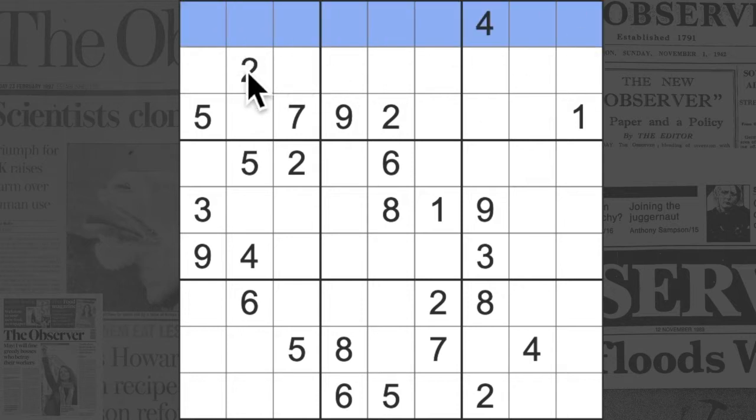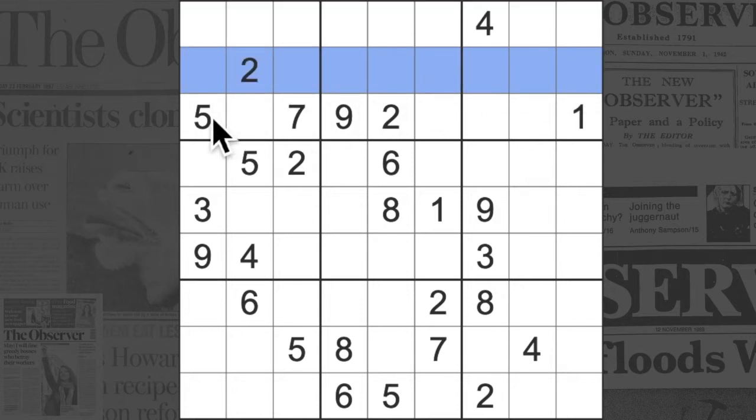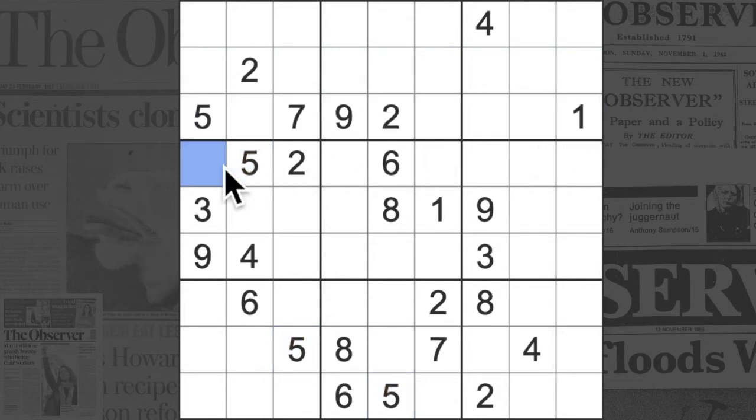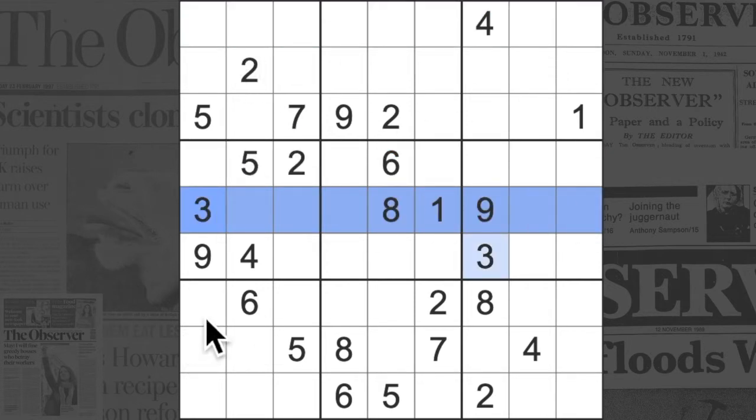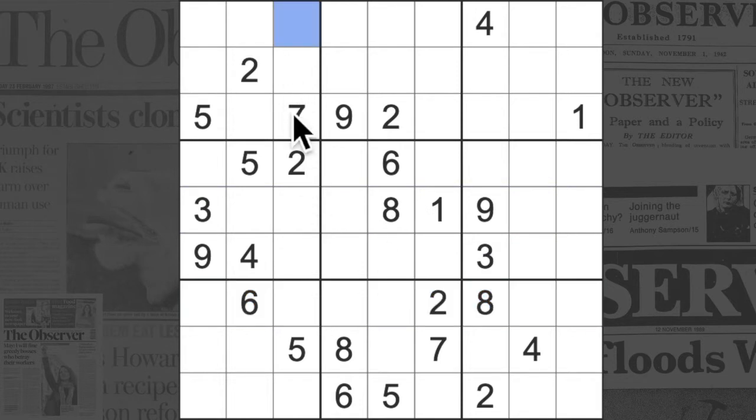So I should just very quickly explain the rules of Sudoku, or possibly rule singular, because there is only one really, and that is digits 1 to 9. Just remember digits 1 to 9. We have to put them in every row across this 9x9 grid and every column down this 9x9 grid, and in these small boxes 3x3.